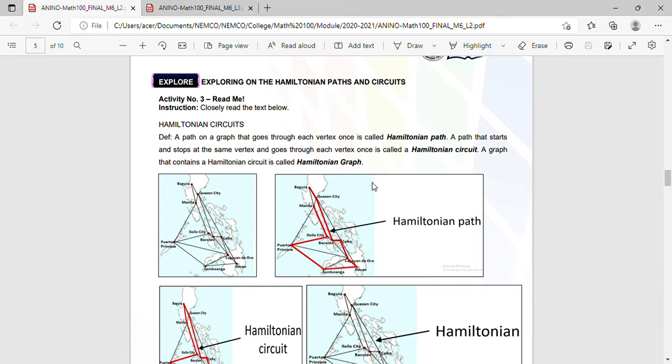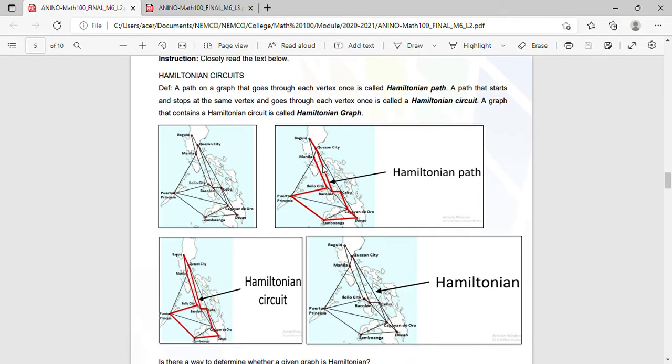Now again, what is a Hamiltonian circuit? If you pass through all the vertices and the end of your graph is still on the vertex where you started. So we have here an example with Baguio, Manila, Quezon City, Puerto Princesa, Iloilo City, Zamboanga, Cagayan de Oro.